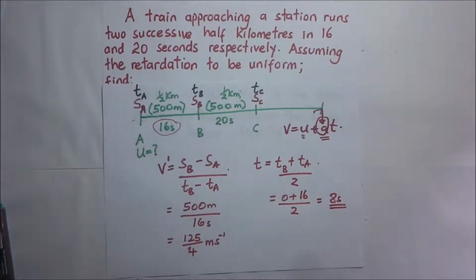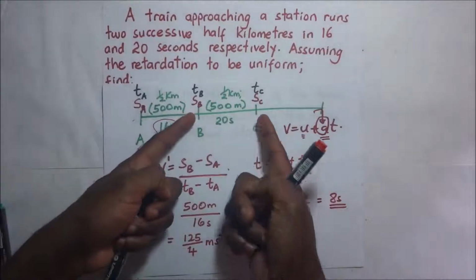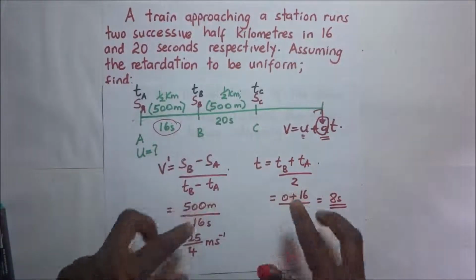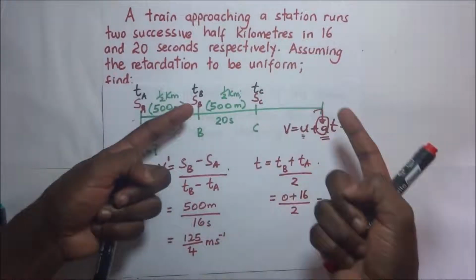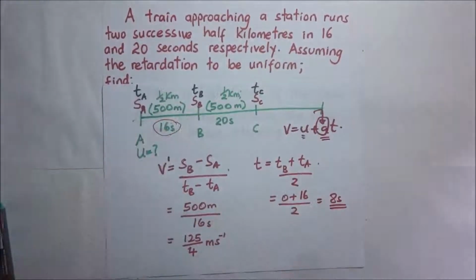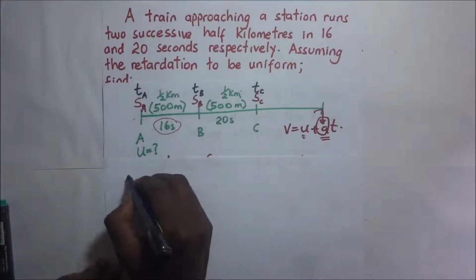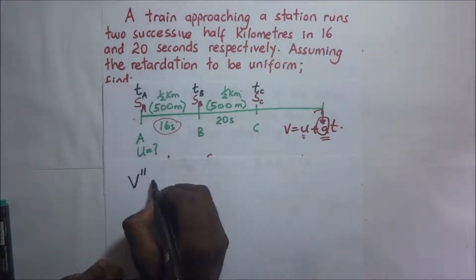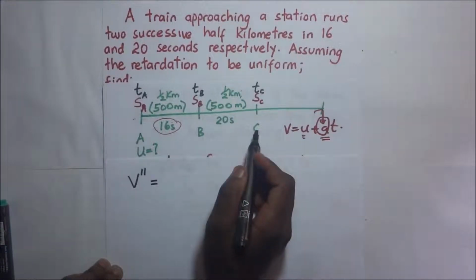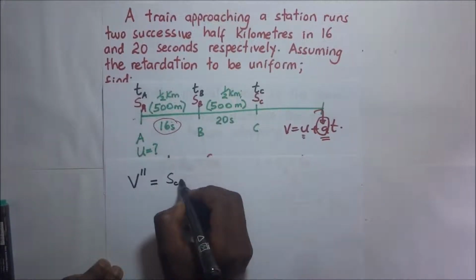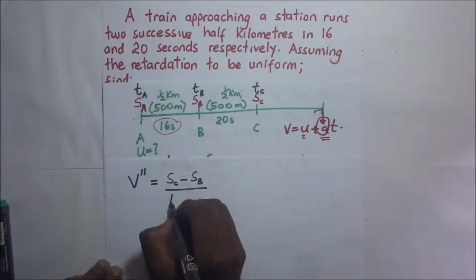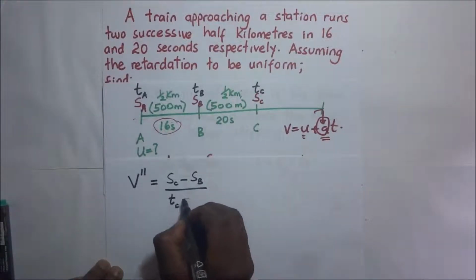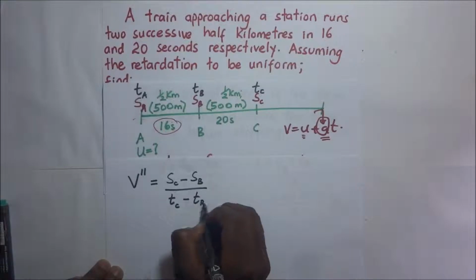So we'll go on and look at the motion in the second interval between B and C, and we are going to do the exact same thing. We get the average velocity in the second interval and the average time. Our average velocity, which we shall call V prime prime, is going to be equal to SC minus SB, divided by time TC minus TB.